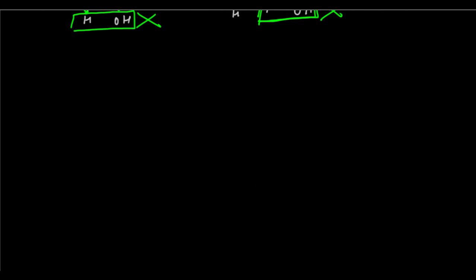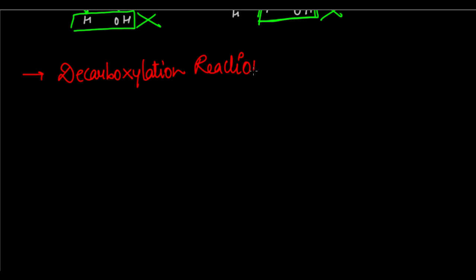Let's move to the next kind of reaction, that is decarboxylation. Now this is a bit long. Please pay attention to this reaction. This is the decarboxylation reaction. In a decarboxylation reaction, there is removal of carbon dioxide, right?